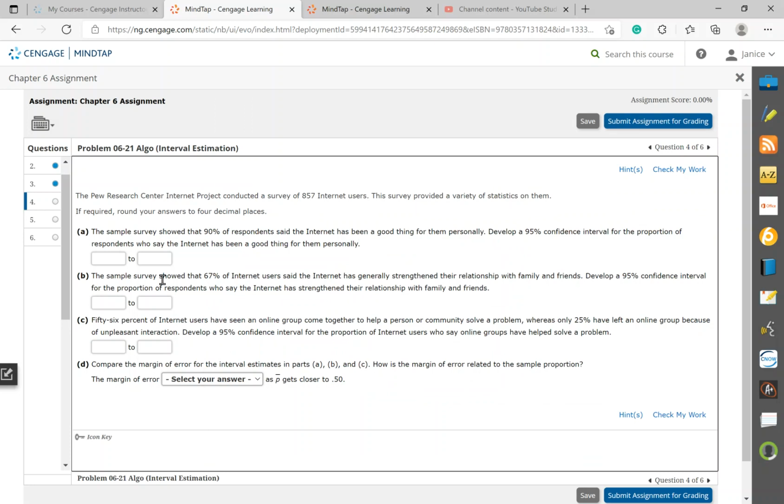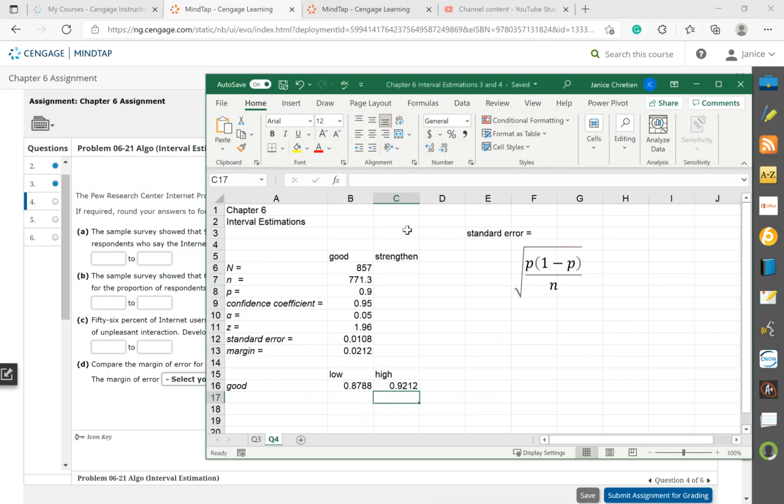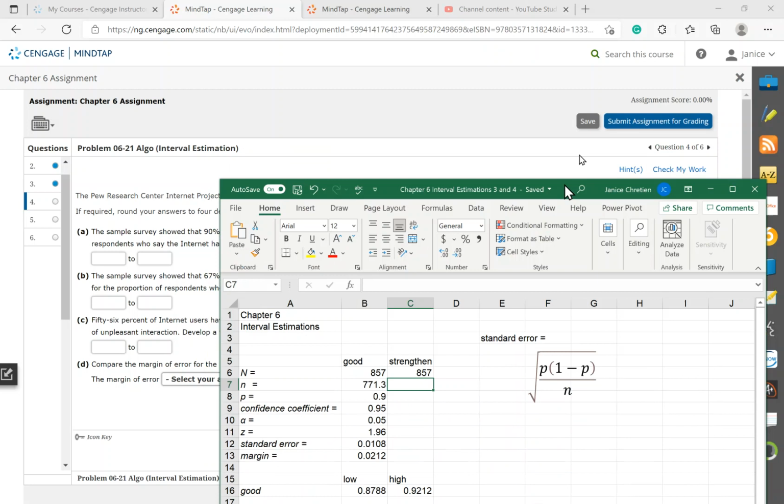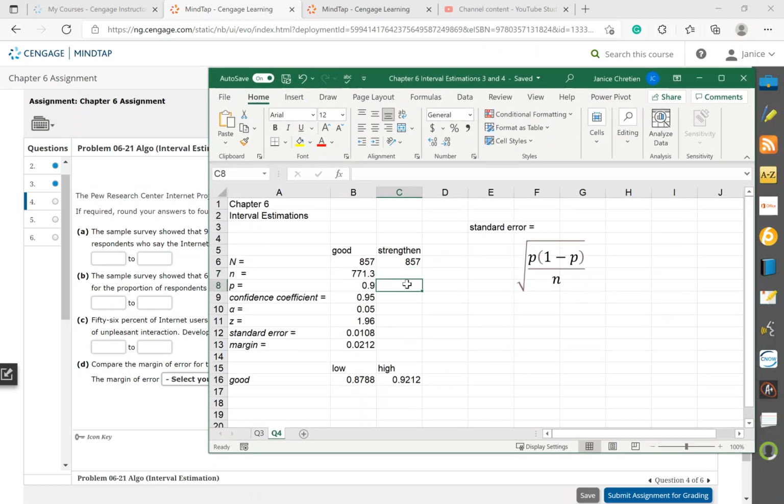Then it says 67% said that the internet has strengthened their relationships, and it wants us to do another 95% confidence interval. So we still have the same sample size of 857, but now I'm looking at 67% of them.